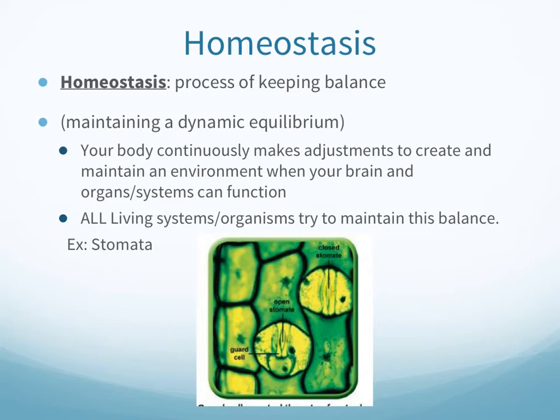So we've seen in many different examples, from the cellular level to the system level and to the organism level, to the body level, how our body continuously makes small adjustments to create internal balance, even though external conditions are changing all the time. And it's really important to know that homeostasis occurs in all living systems.